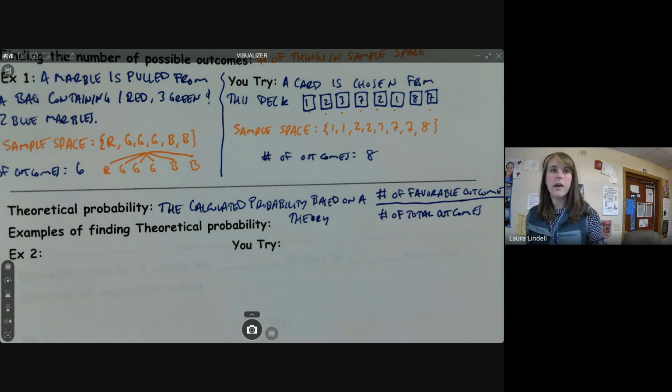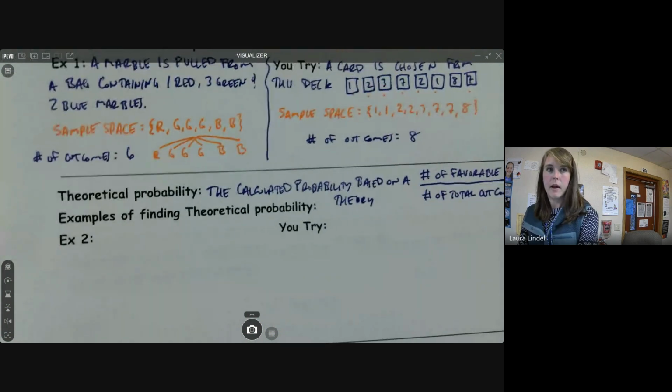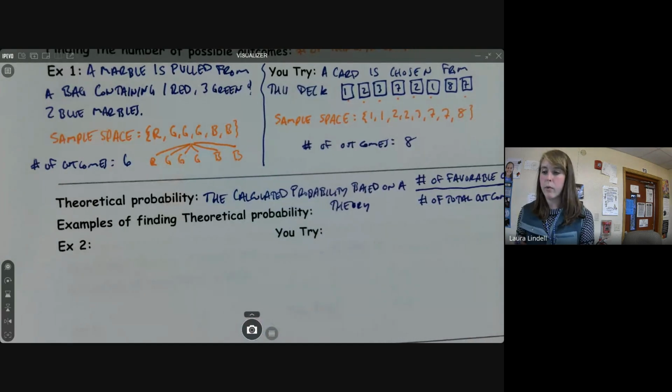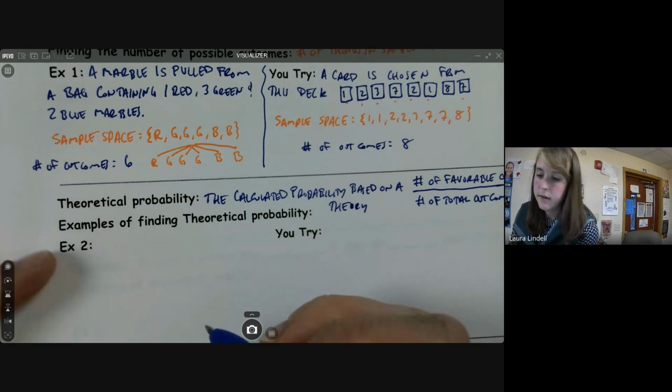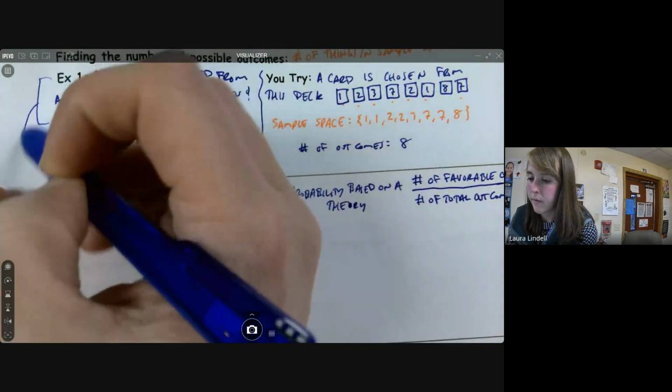Let's try this with that same marble problem. So let's go back to that bag of marbles. So from up above, a marble is pulled from a bag containing 1 red, 3 green, and 2 blue. So we're going to use the same bag of marbles down here.